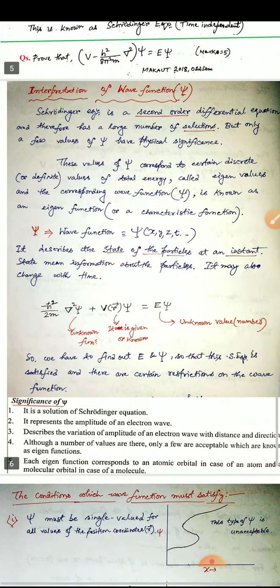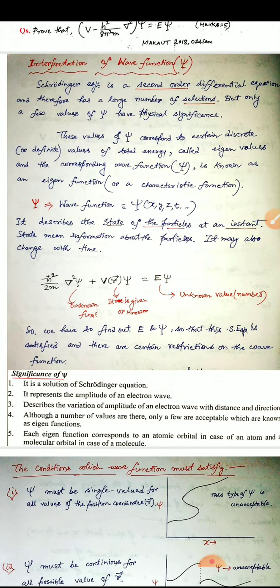So very simply, I am repeating again: minus h cross square by 2m del square psi plus potential energy psi is equal to E psi. So that E is equal to the energy value.